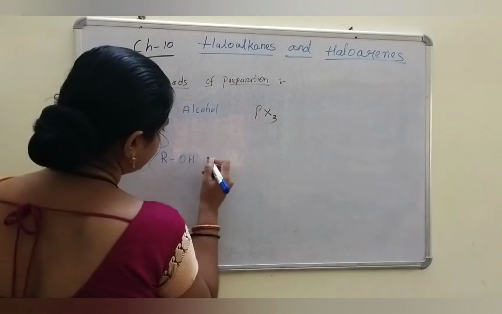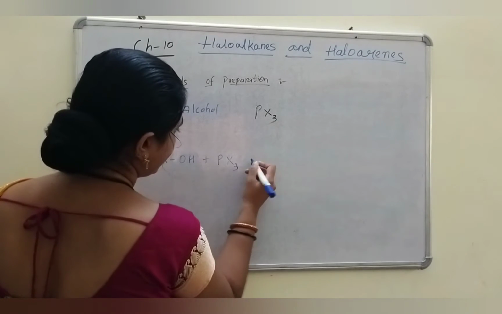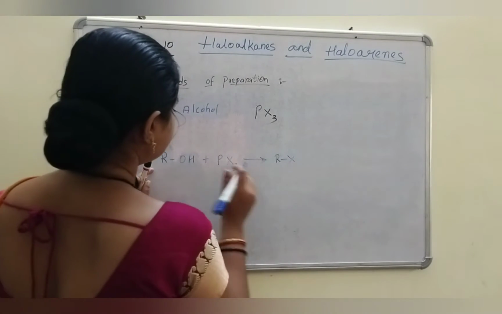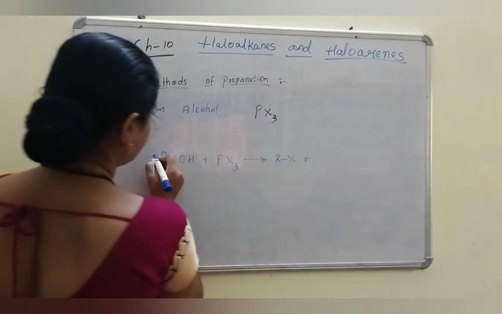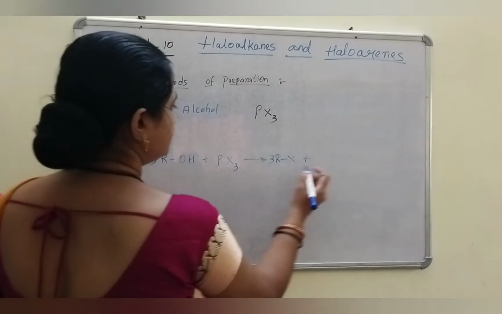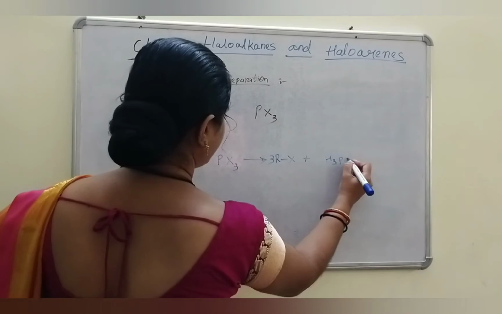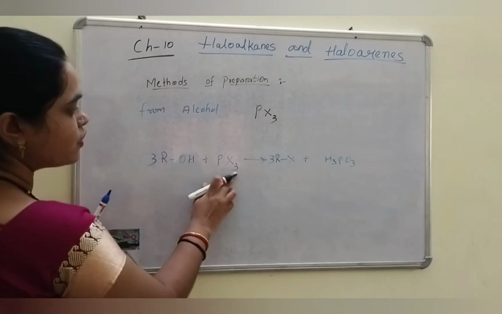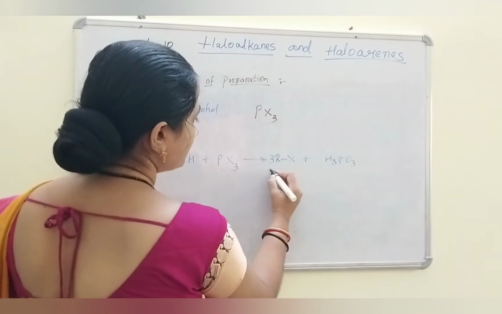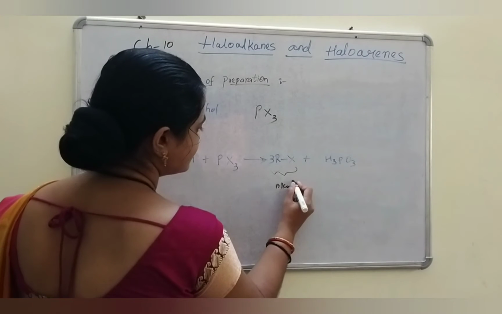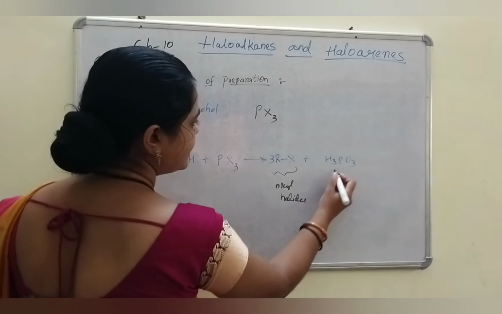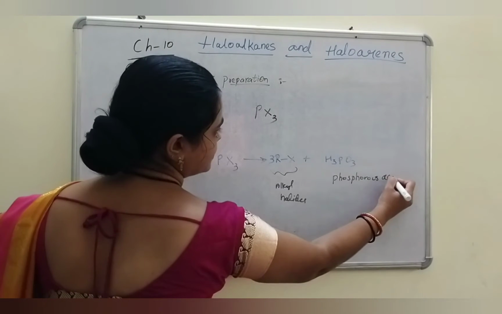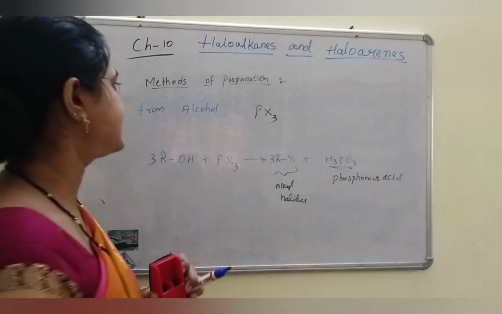ROH treated with phosphorus trihalides forms corresponding alkyl halides plus H3PO3, phosphorous acid.